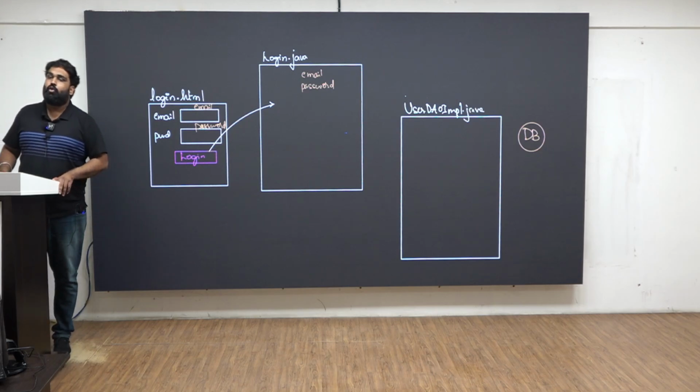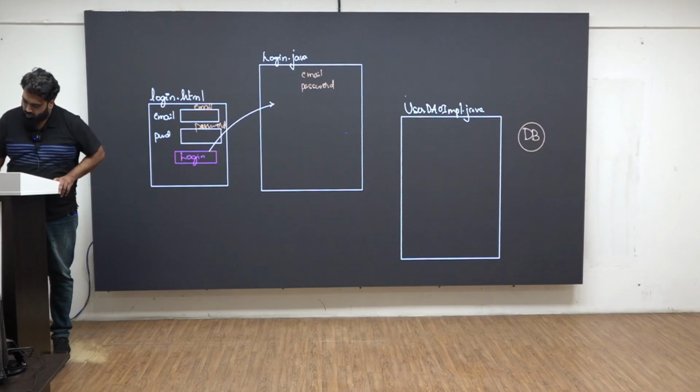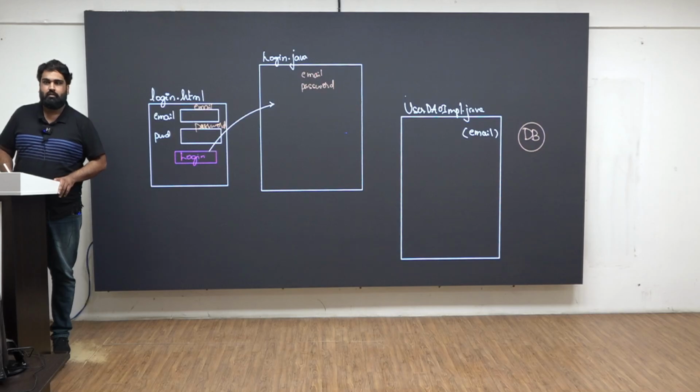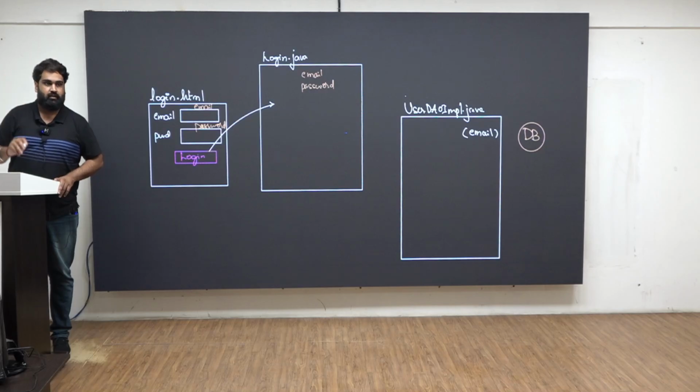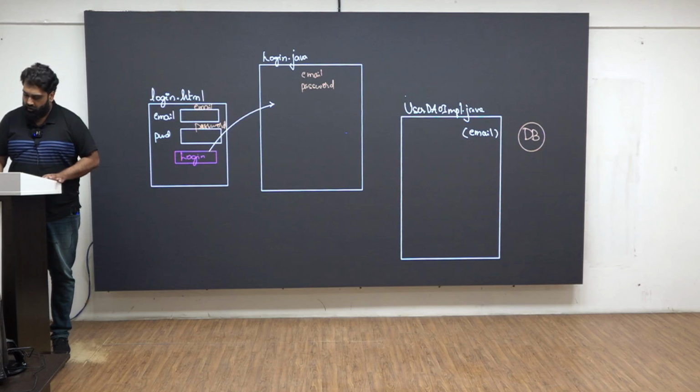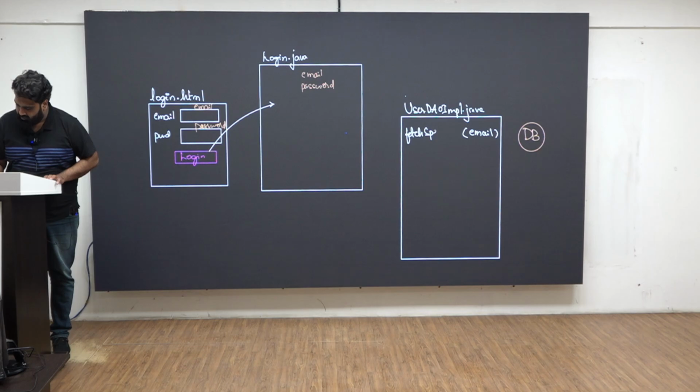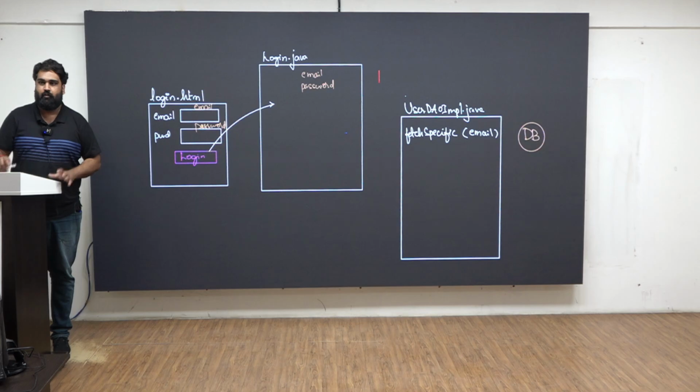In this, you have one method which is going to fetch the data based on email. I guess you have written it by using ID. I want you to change it to email. Let's assume fetch specific by email or by ID, whatever you have written.